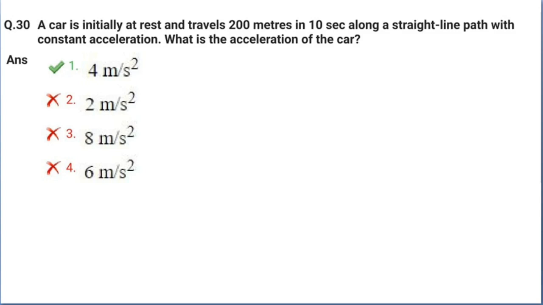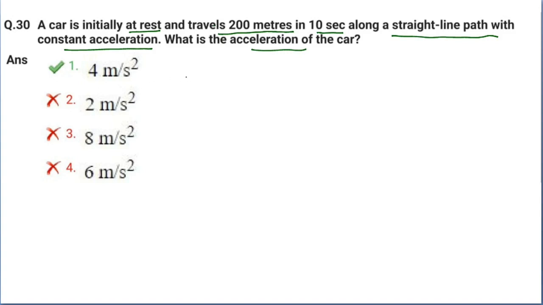Then question number 30. Last question for today. A car is initially at rest and travels 200 meters in 10 seconds along a straight line path with constant acceleration. Okay, here acceleration is constant. What is the acceleration? We have to calculate acceleration. So what is given over here?